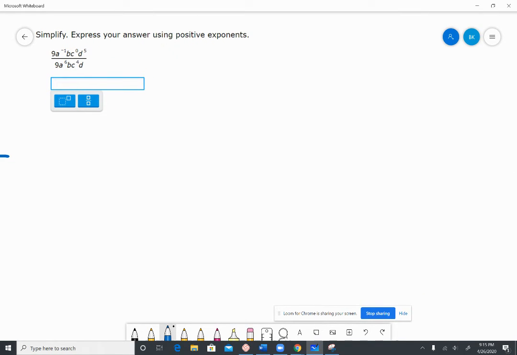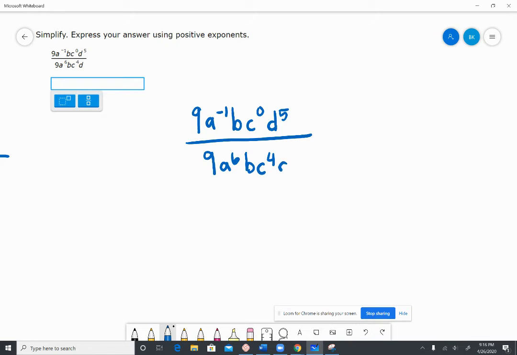All right, here we go. This is for 83%. So let's rewrite it just to see what we have. I always rewrite everything. So we're just going to rewrite. Okay, and take one thing at a time. So 9 divided by 9 is 1.